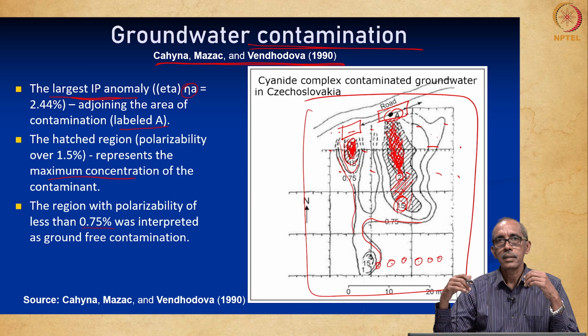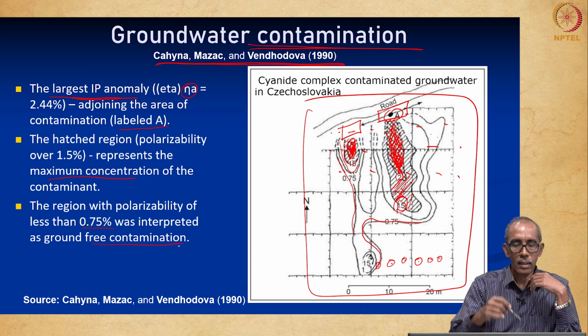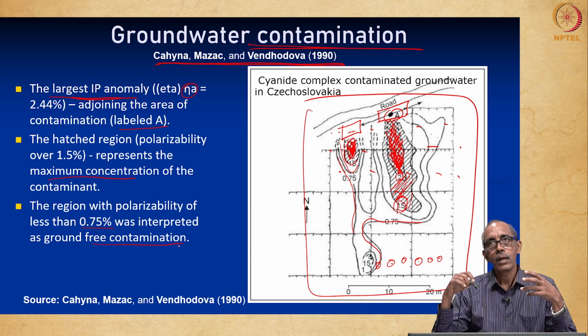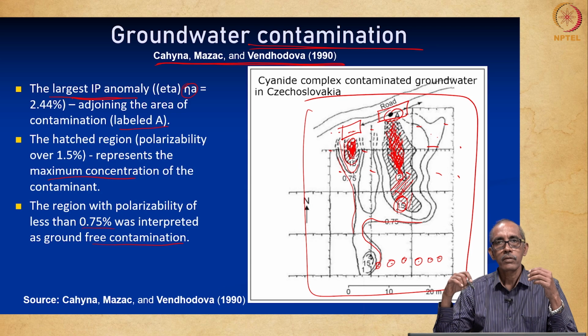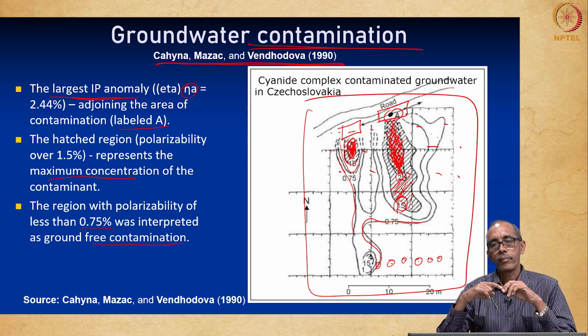This region was interpreted as the region free from contamination, okay. So, this is how the induced polarization method has been successfully deployed to understand the level of groundwater contamination in a particular area, right.